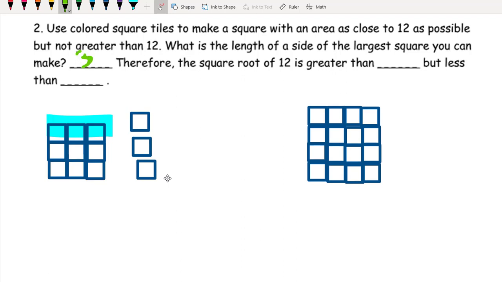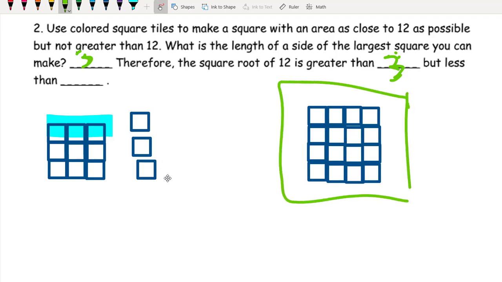All right, therefore the square root of 12 is greater than 3, but it is less than, now if I go over here, and that's the one we did in our first problem, I have an area of 16 and a side length of 4, so think about it. The area of this square is 9.